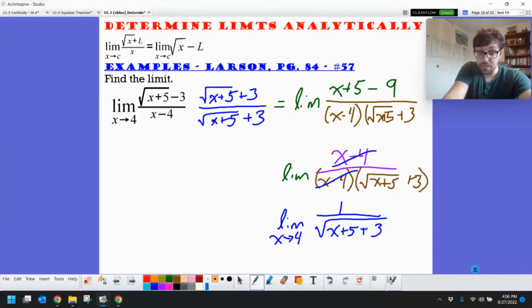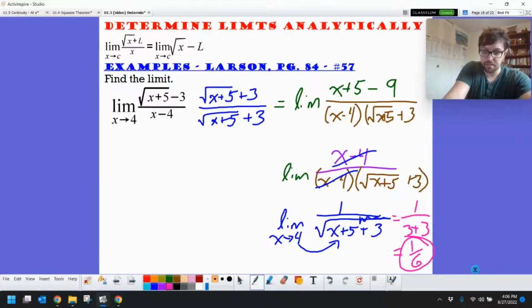Now let's try to direct substitute again. Well, if I put this 4 in right here, I'd have 4 plus 5, that's 9. The square root of 9 is 3. This equals 1 over 3 plus 3. Hey, that's a sixth. And there is my limit.